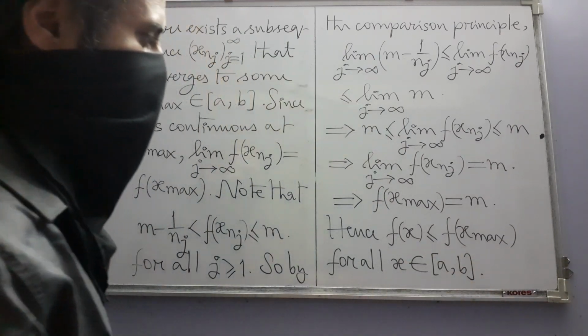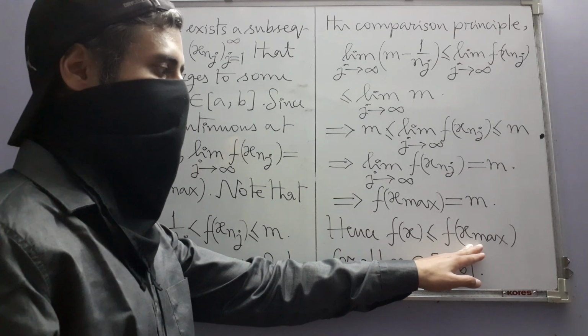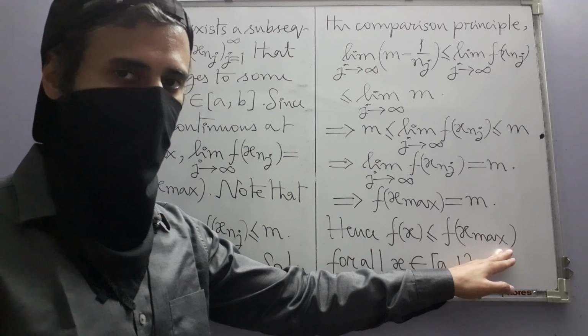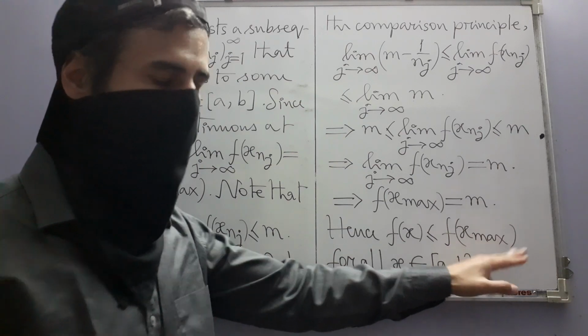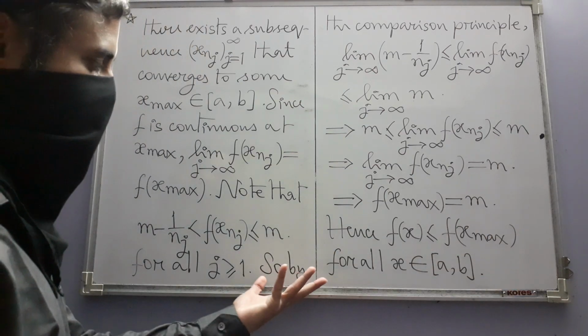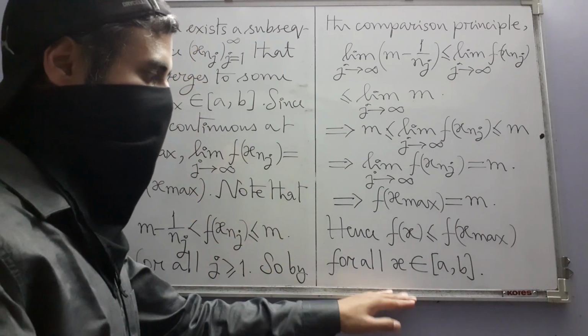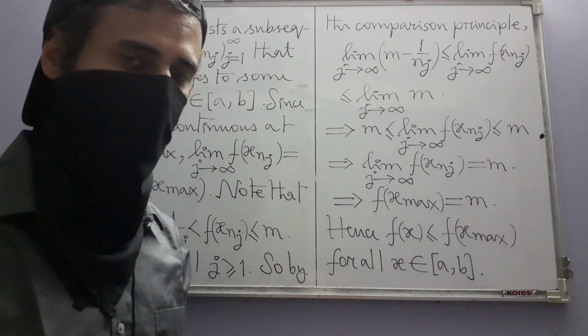In other words, f attains its maximum at x max. Maybe there are other x maxes, maybe not. And now you of course should understand that a similar proof will give you the x min also.